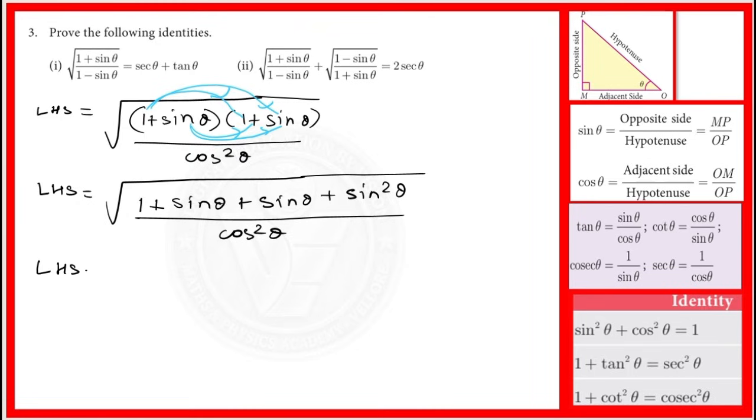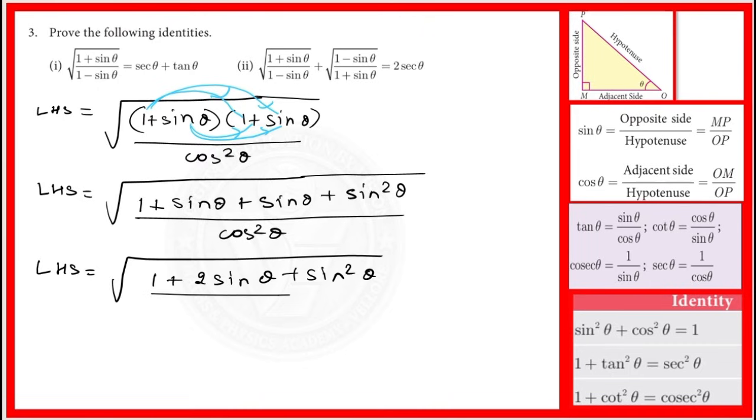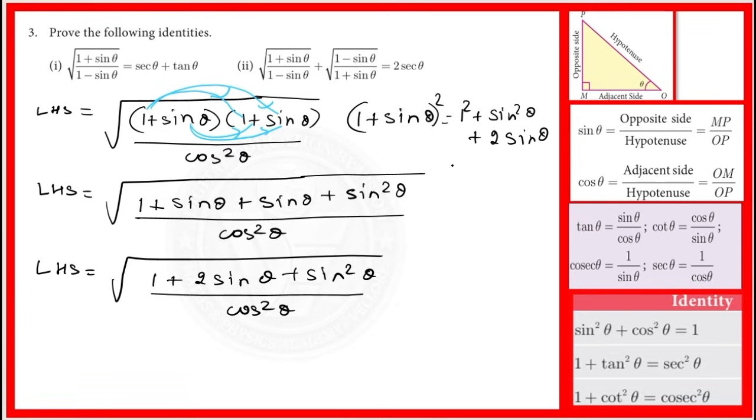So LHS equal to root of (1 plus 2 sin theta plus sin squared theta) divided by cos squared theta. See here one formula: 1 plus sin theta the whole squared is 1 squared plus sin squared theta plus 2 sin theta.